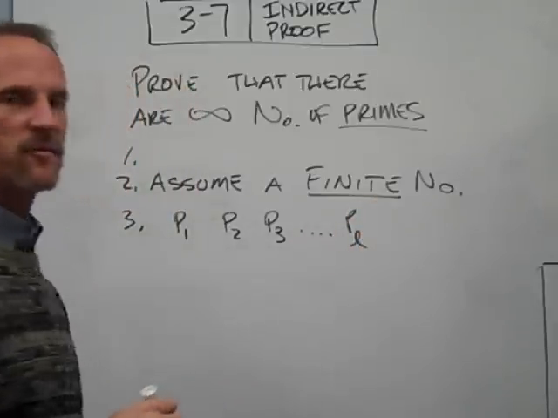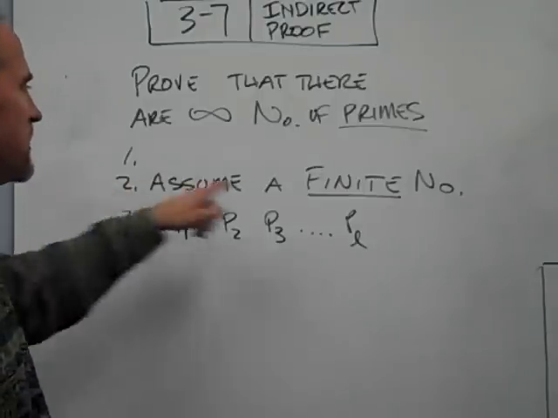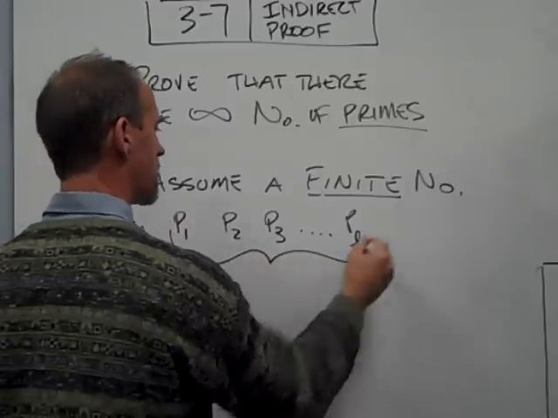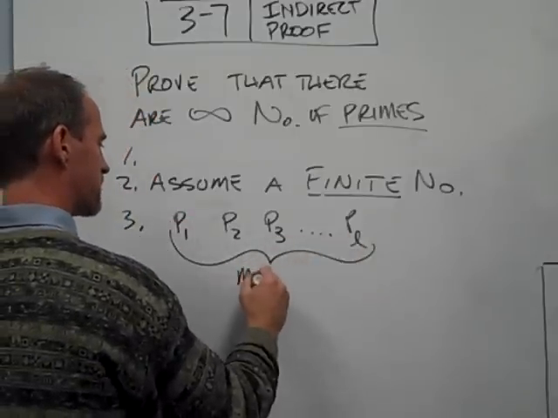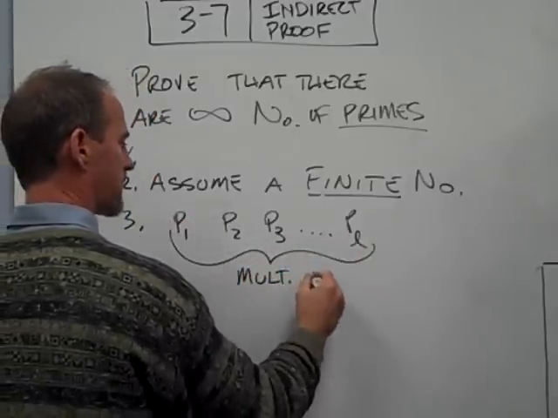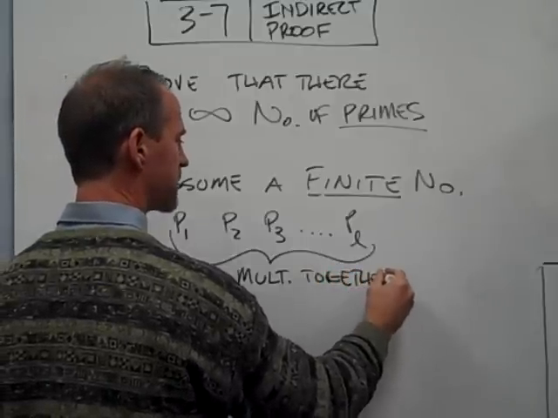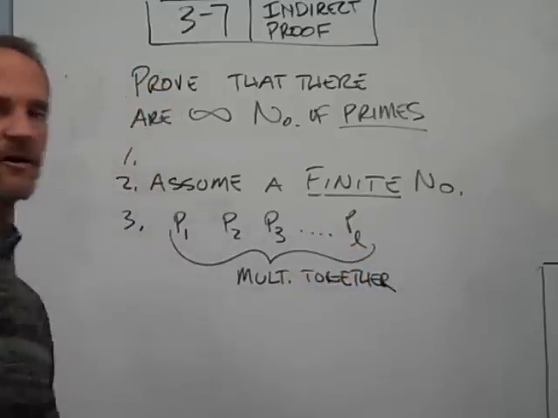There's our last prime number, because we're assuming that there is a finite number. Well, if I take all of these and multiply them all together, I'm going to get a big number. And it's definitely going to be bigger than my last prime number.